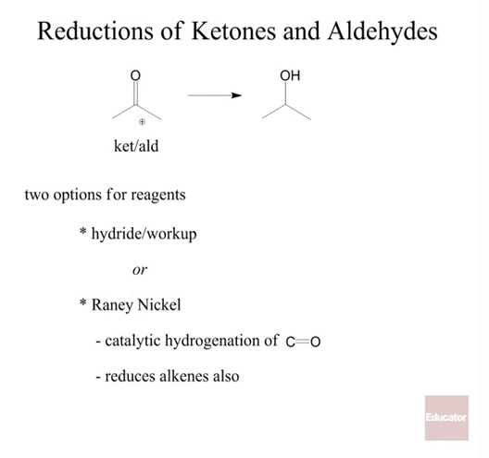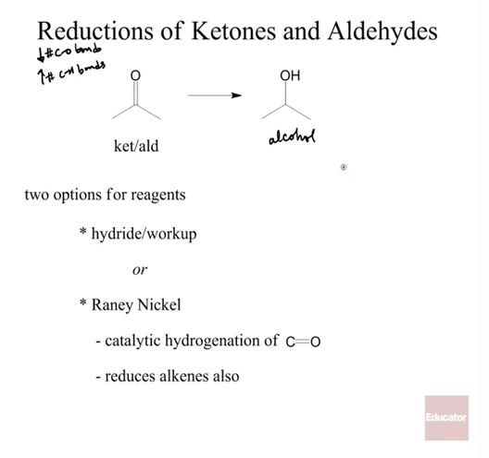When it comes to reductions of carbonyls, either aldehydes or ketones can undergo reductions. Remember, a reduction is going to be a decrease in the number of CO bonds and an increase in the number of CH bonds. So for example, we can go from a ketone or an aldehyde to an alcohol, and that would be an example of a reduction reaction.